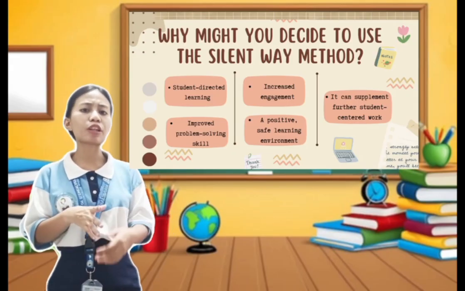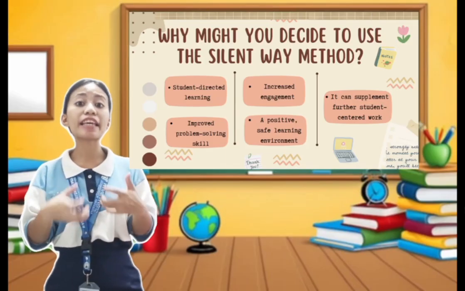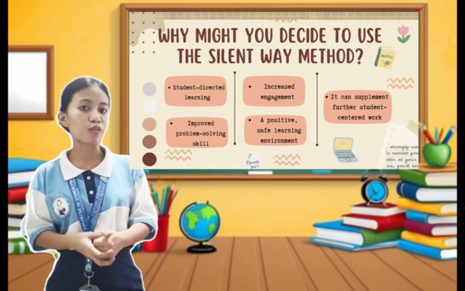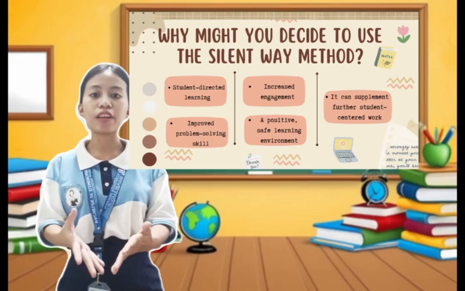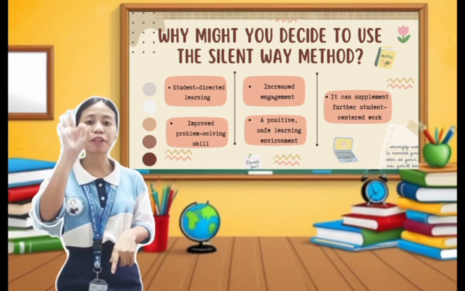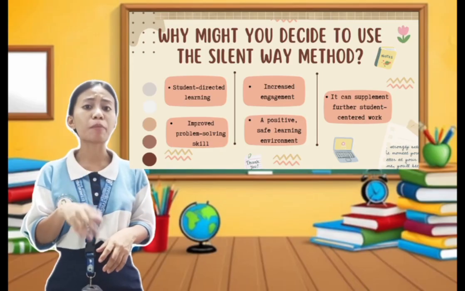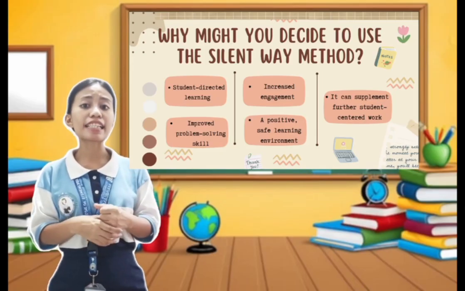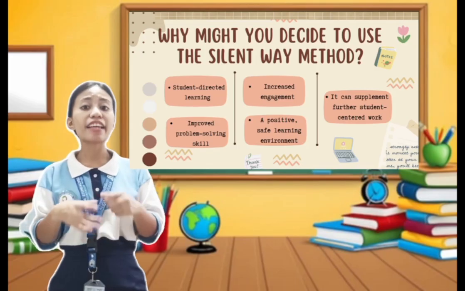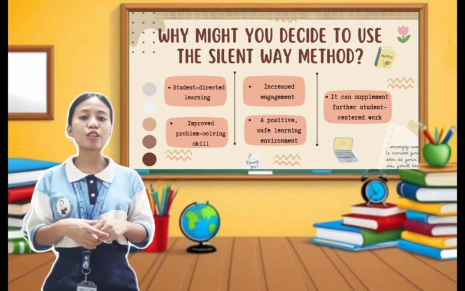Students learn to think critically and solve problems by trying things out and figuring out solutions on their own, which helps them in real life too. Number 3, increase engagement. Students are more involved and interested in their learning because they get to explore and discover rather than just listen to lectures.